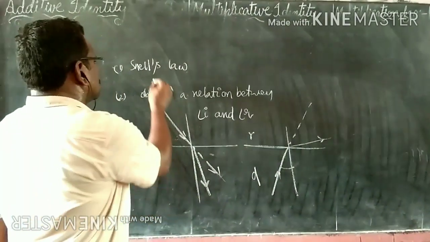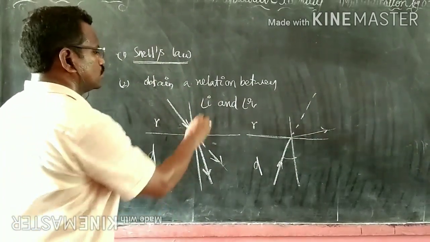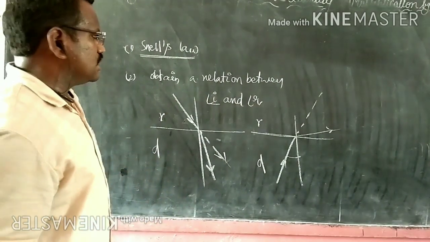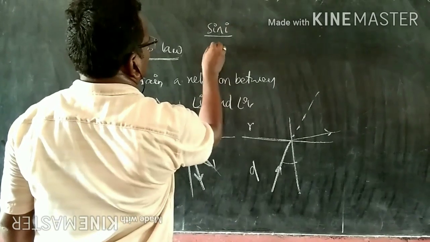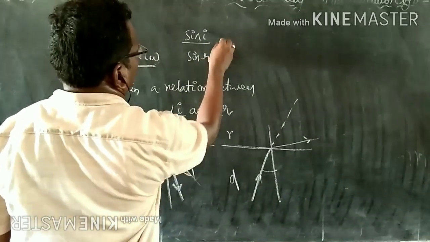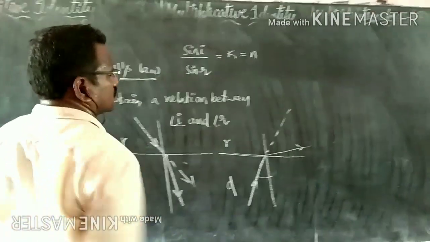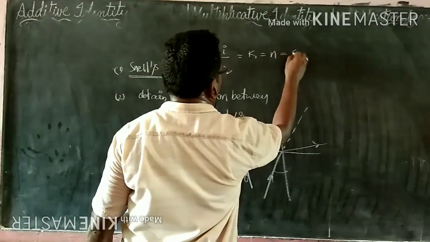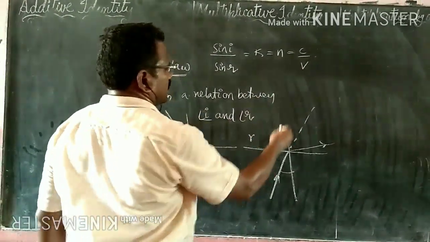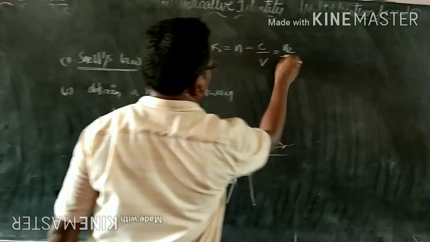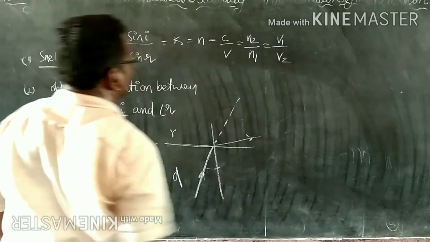By using the activity, that is nothing but Snell's law, again we are going to prove the relation, and from this Snell's law we will come to know sin i by sin r is always a constant. That constant is equal to the refractive index n, that is equal to c by v. The relation between n and v can also be written as n2 by n1 is equal to v1 by v2.